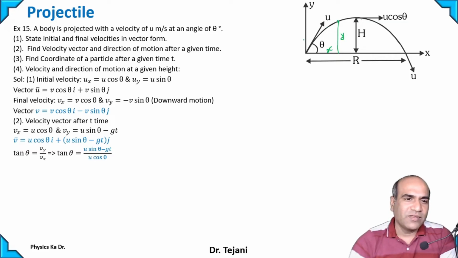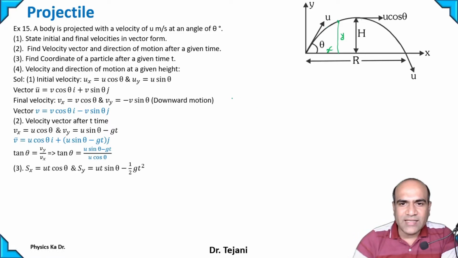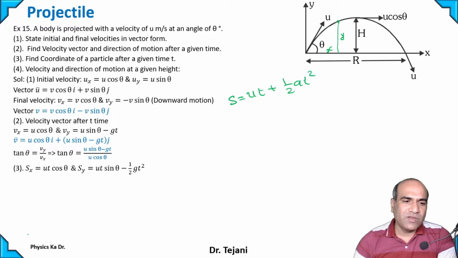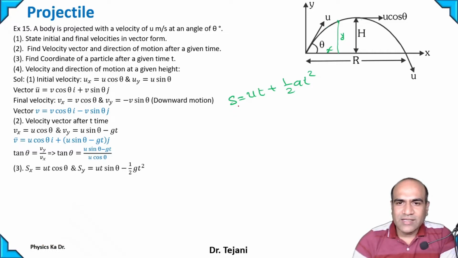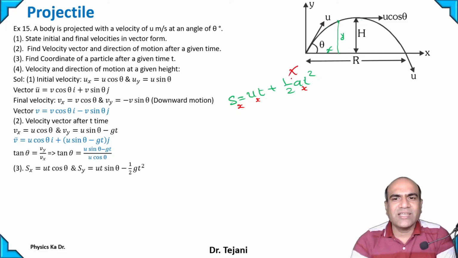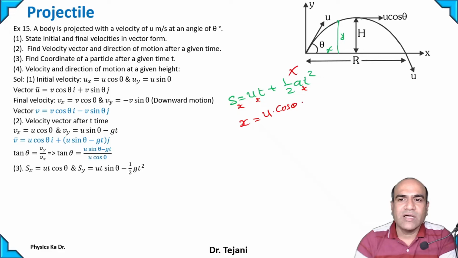For the coordinates, we have the equation s is equal to ut plus 1/2 at squared. For the x direction, time is the same for both, and there is no acceleration component. So sx, that is x, is equal to ux, which is u cos theta, multiplied by t.